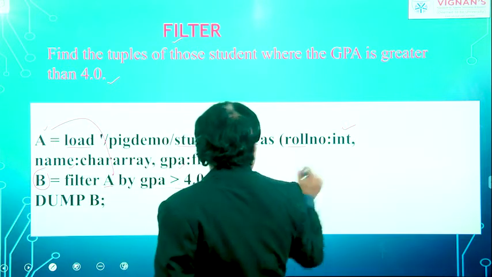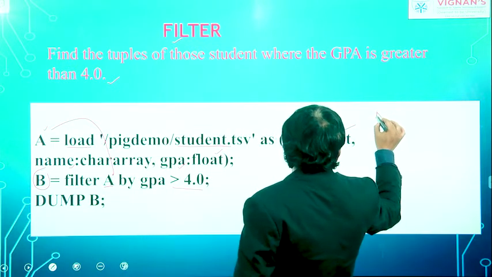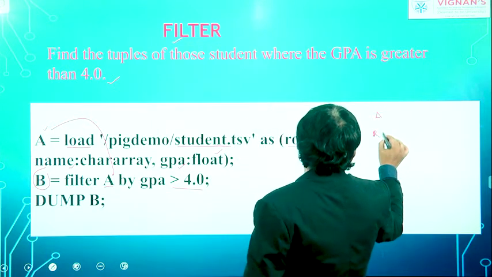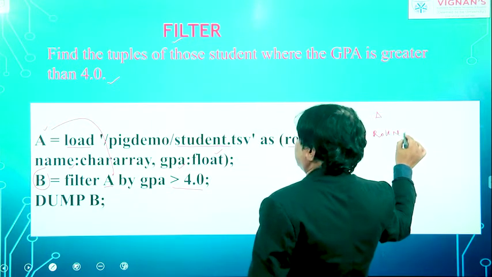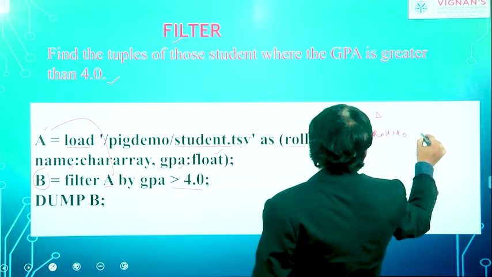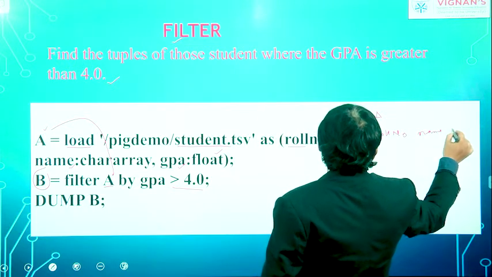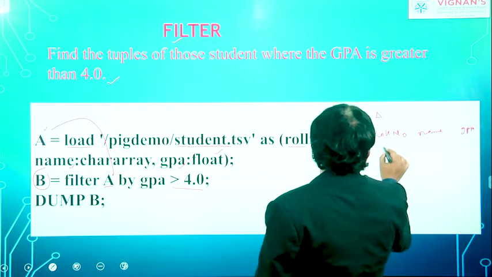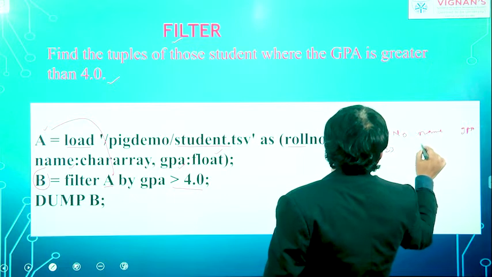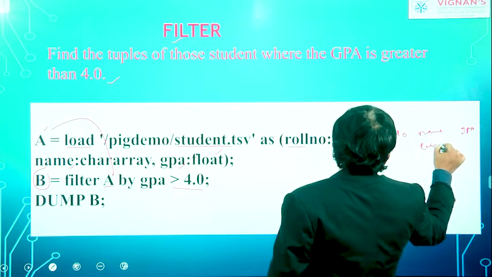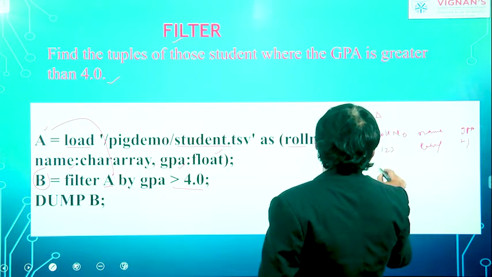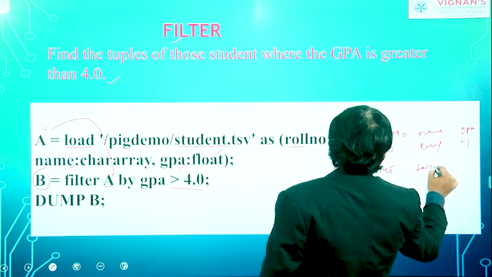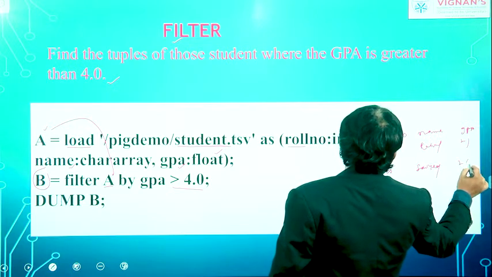Relation A contains how many fields? We have the field roll number, then name, and then GPA. The roll number may be 1, 2, 3. Name may be Rahul, and GPA is 3.1. Roll number is 145, name is Mrs. Said, and GPA is 3.6.